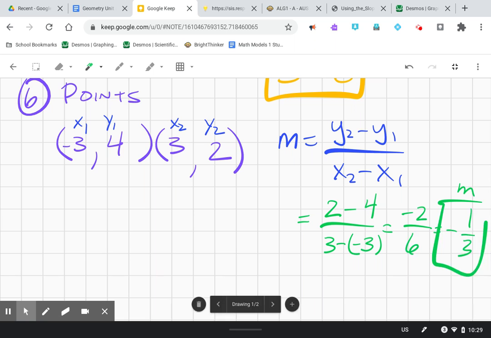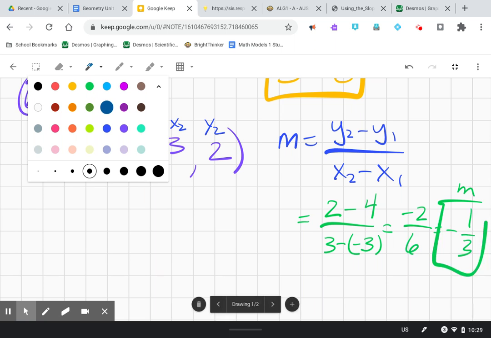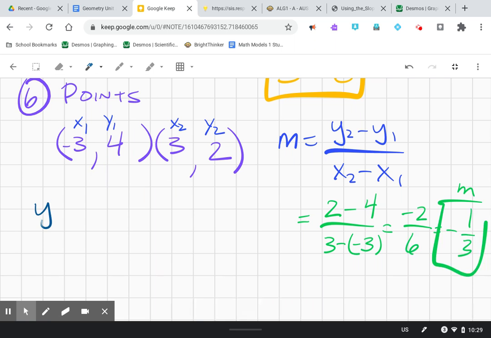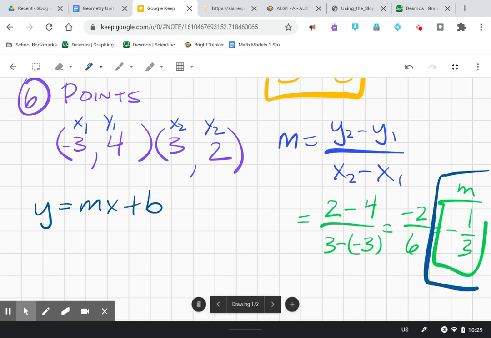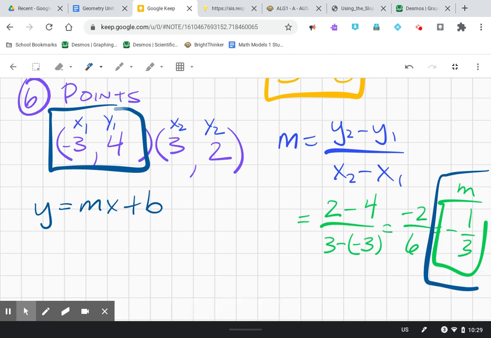So then I do what I did earlier, which is I plug everything into y equals mx plus b. You can choose either point, but you already have your m right there. So we'll just choose this first point. So y is 4 equals negative 1/3 times negative 3 plus b.